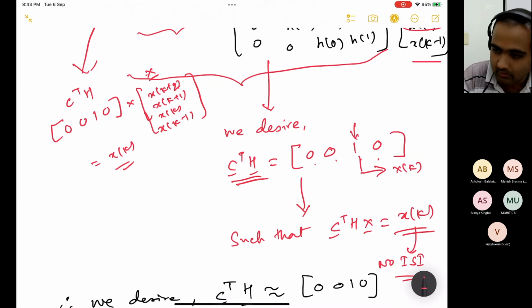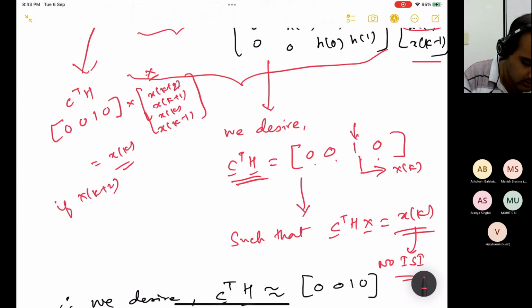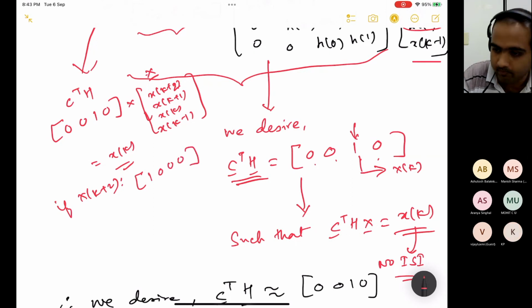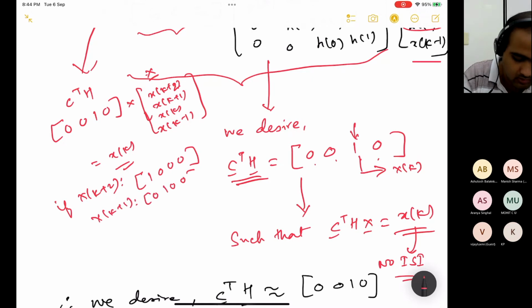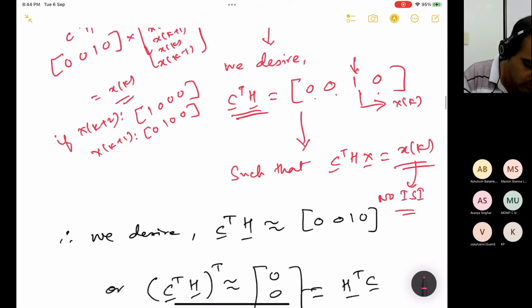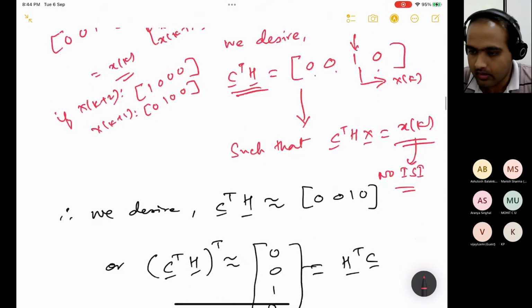If we want say xk plus 2, then our C transpose H will be 1, 0, 0, 0. Similarly, if we want xk plus 1, then 0, 1, 0, 0 is what we desire. So this is how we are zero forcing the weights.